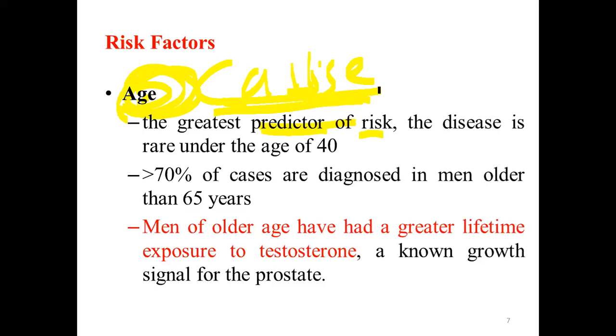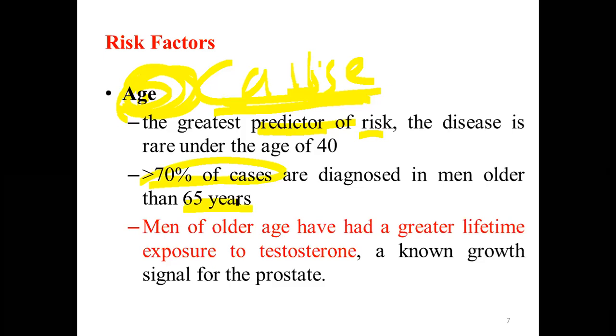So according to this, age is the greatest predictor. It is very rare under the age of 40, for the reason I mentioned before, and very common in the older population. About 70% of cases are diagnosed in those above 65 years.